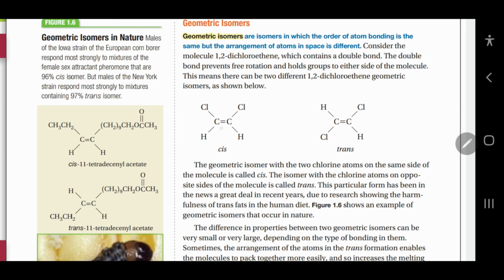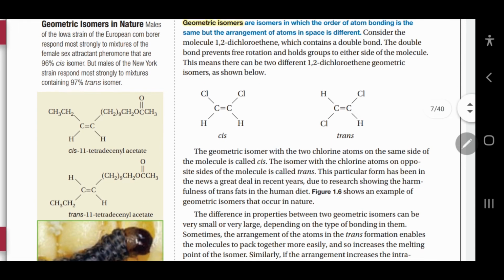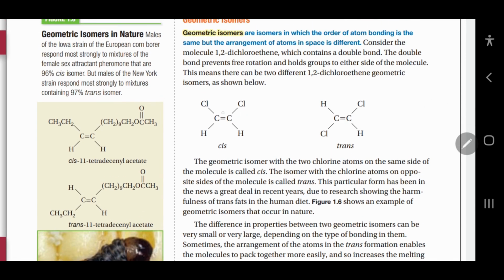Now here we have 2 carbon atoms, 2 chlorine atoms, and 2 hydrogen atoms. If you look at the chlorine here, both chlorine atoms are located at the same level in 3D. So this is what we call cis isomers. This is 1,2-dichloroethene, and this is also 1,2-dichloroethene.